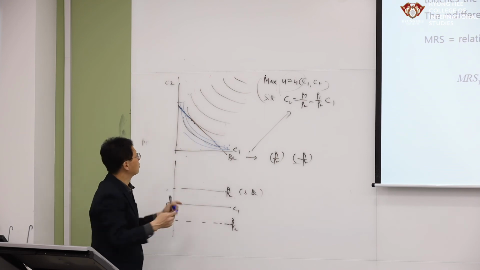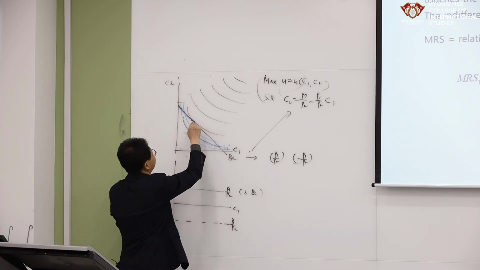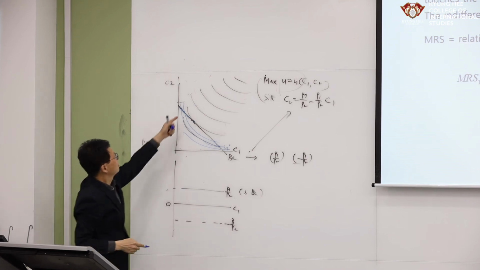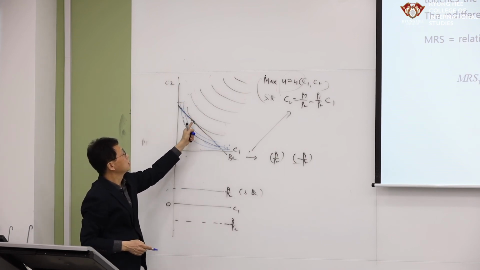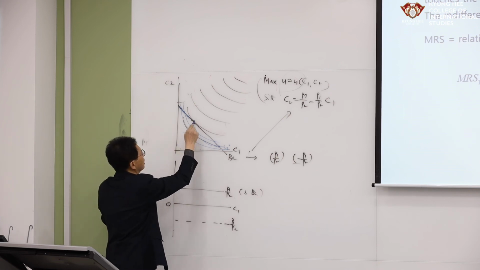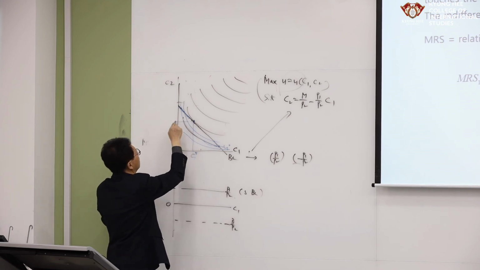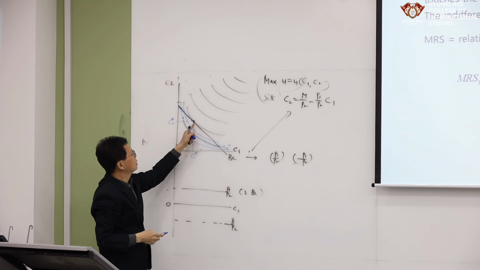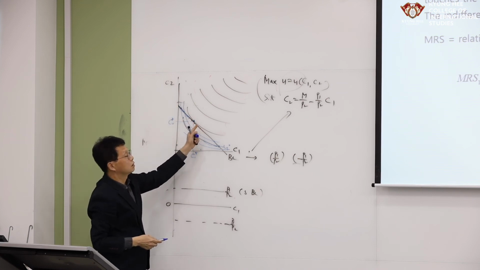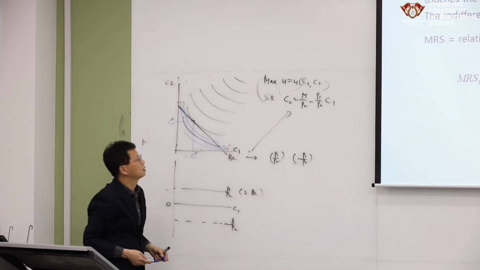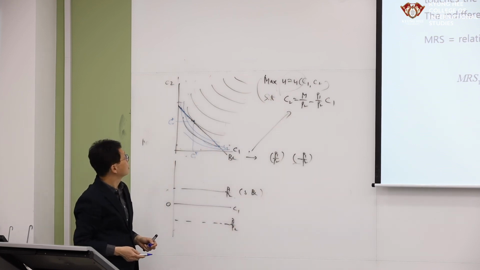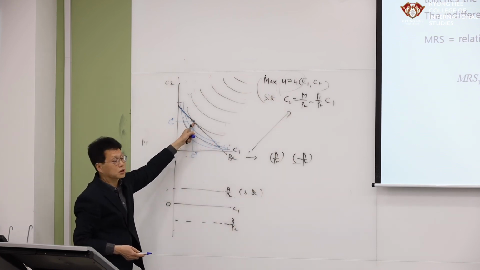And we can find only one point where utility is maximized. That is C star, or C1 star and C2 star. At this consumption bundle, the consumer is maximizing utility. That is the graphical solution of the utility maximization problem.